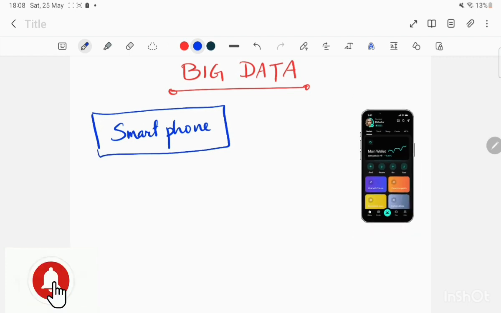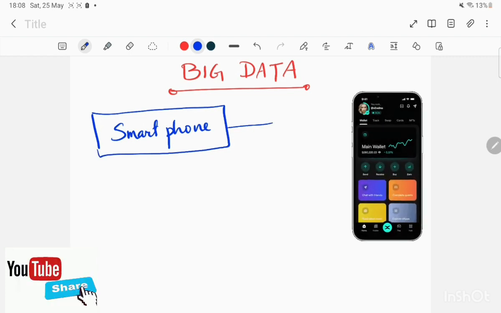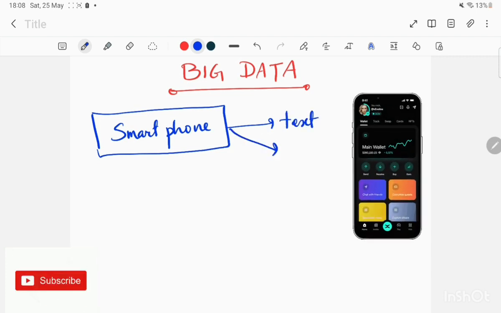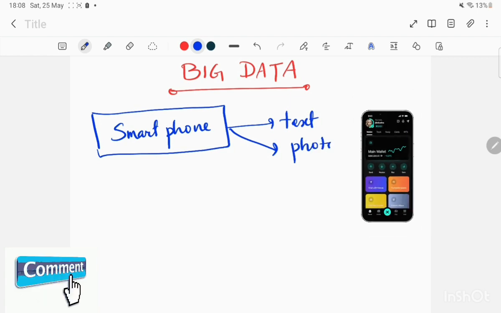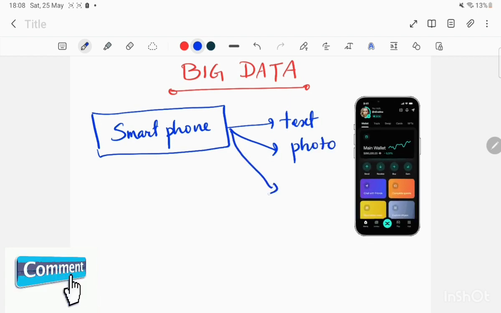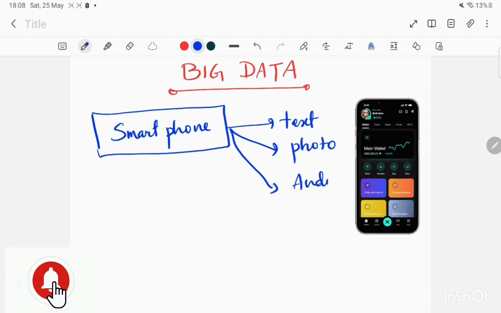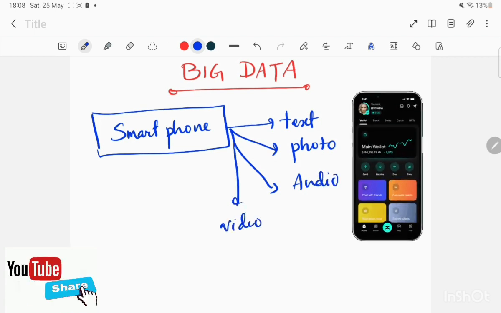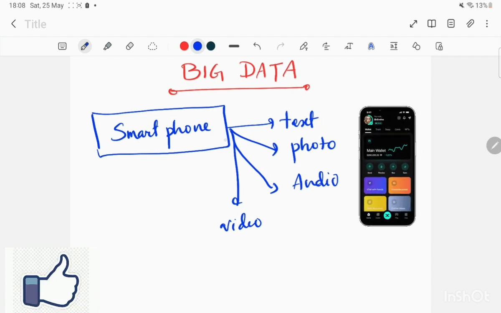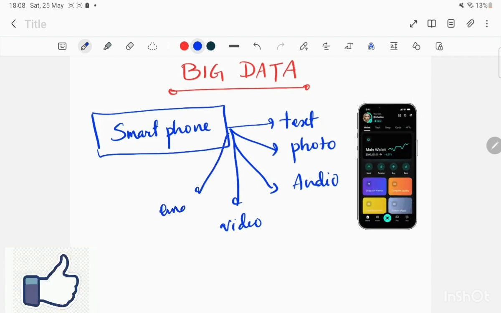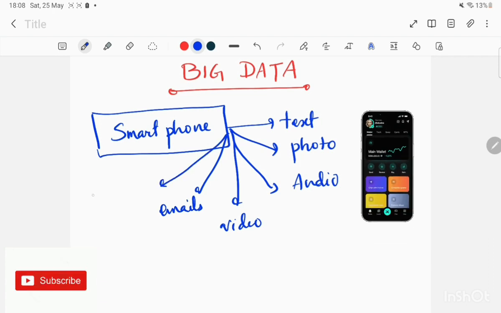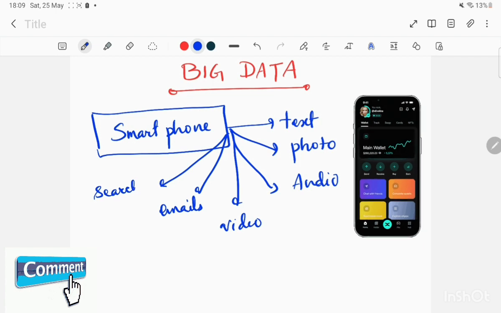Now, whenever we are using a smartphone, we basically use it for sending text messages, sending photos, or sharing audio or maybe video, then maybe emails, and we also use it for searches.